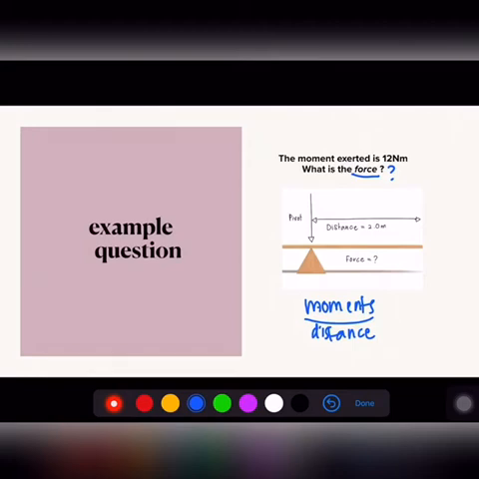In the question, it is stated that the moment is 12 Newton meter and the distance is stated as 2 meter. So the force equals 6 Newton.